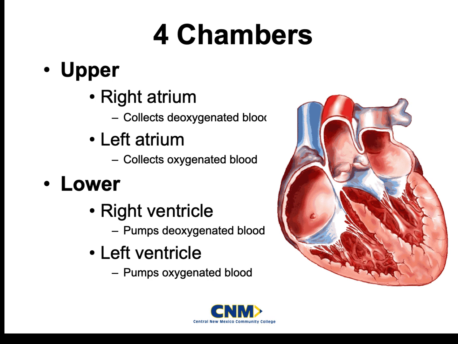The whole right side of the heart contains nothing but deoxygenated blood. So the right atrium and right ventricle are 100% deoxygenated. The whole left side of the heart, the left atrium and the left ventricle, is oxygenated blood. So the right atrium collects deoxygenated blood from the body.